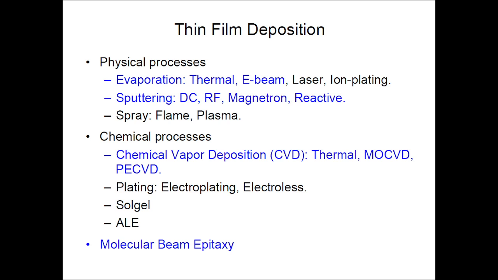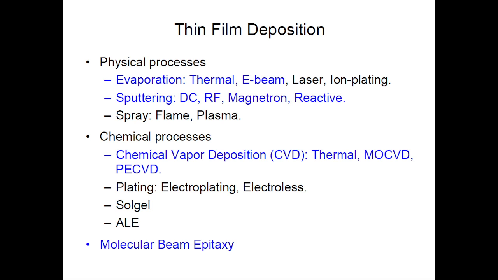And we will be having a chemical process which is called the chemical vapor deposition method. There will be thermal chemical vapor deposition, MOCVD, and PECVD, which we will talk about later. And in chemical processes we have already seen electroplating, electrolysis, the sol-gel method, and atomic layer epitaxy.